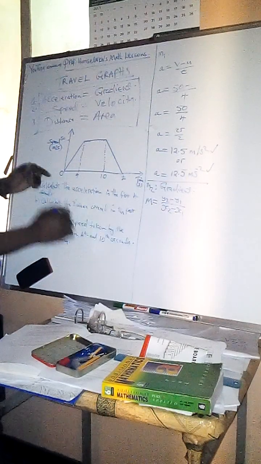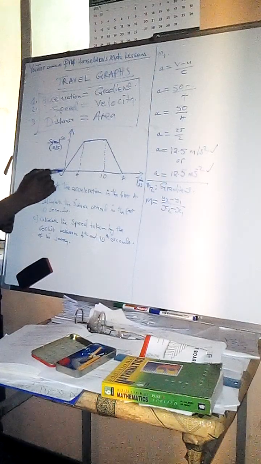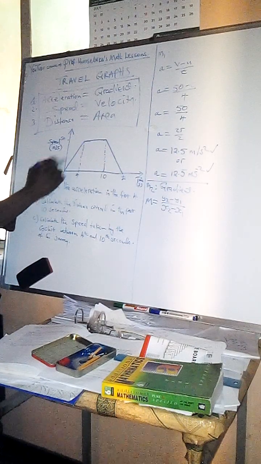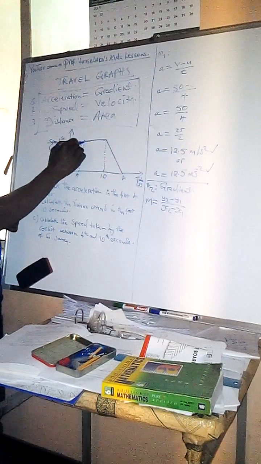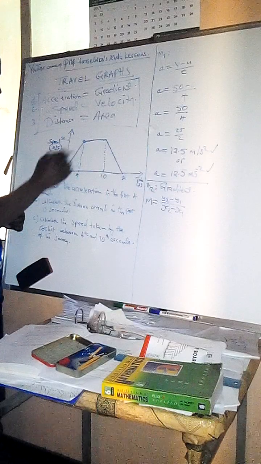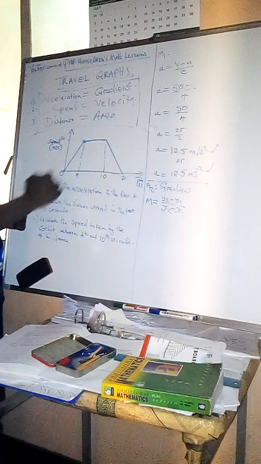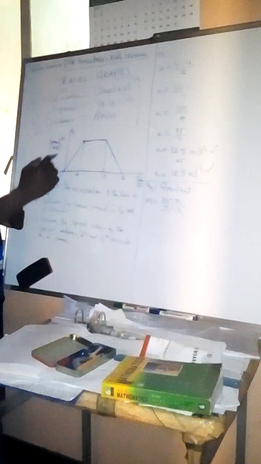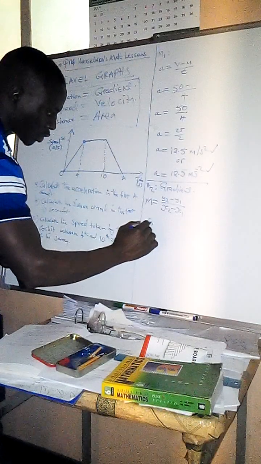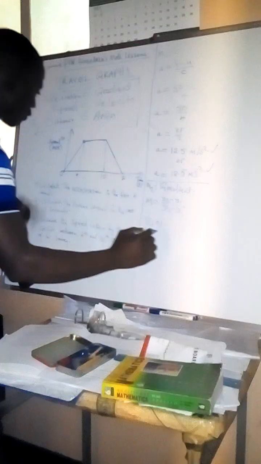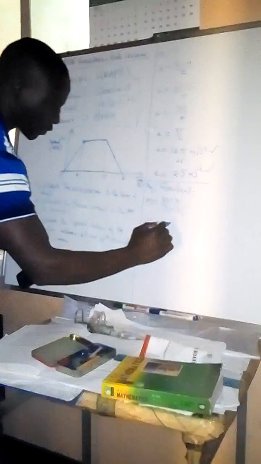Once we're done, we need to get two points along this slope here. So we can pick this point here and this particular point so that we calculate the gradient of this line here, this slope. The point here at origin is 0, 0. So we're going to have 2 points: the origin 0, 0, and of course we're going to have 4, 50.